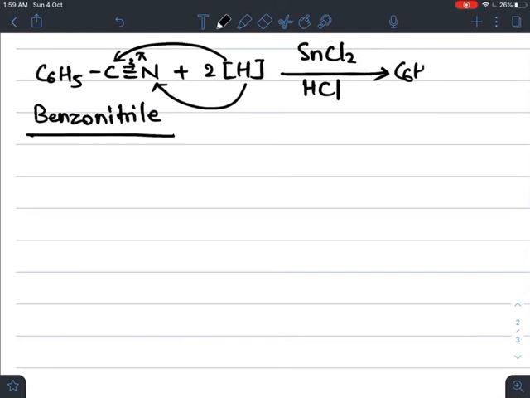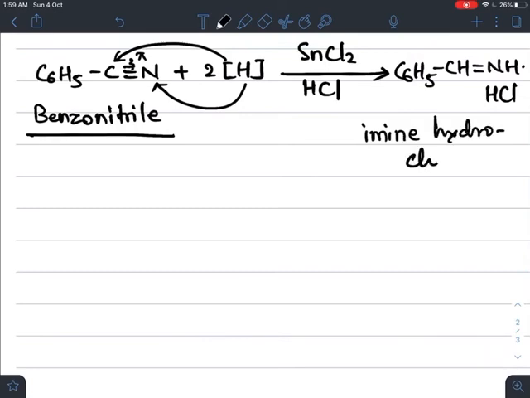The triple bond is converted into a double bond and we get C6H5CH double bond NH along with HCl. This is the imine hydrochloride intermediate that is formed, and it further undergoes acid hydrolysis.